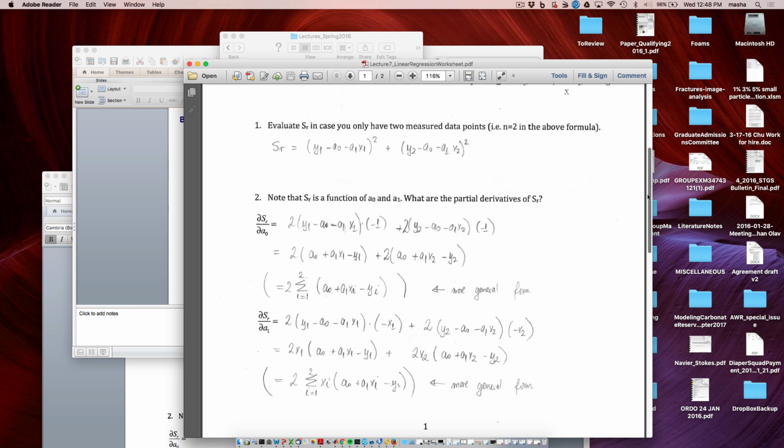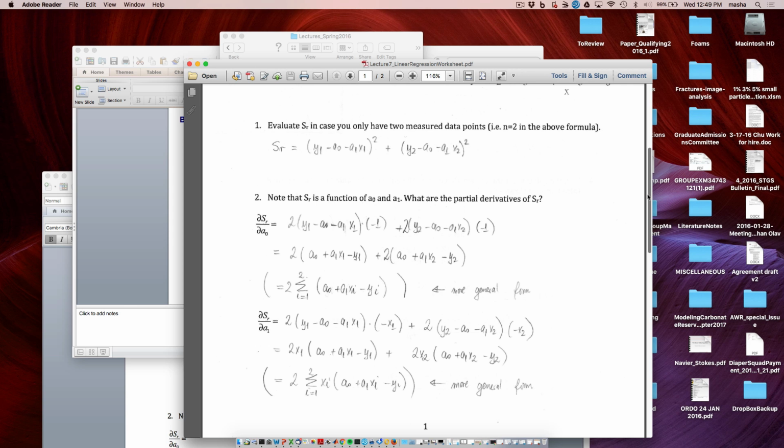So the rule is really a generalization of f prime of x having to be 0. So both this and this have to be 0 for coefficients a0 and a1 that are minimizing this sum. I'm still looking for them. I don't know them. But I know that at a minimum, I have to have that 0. So that's how I'm going to look for them.